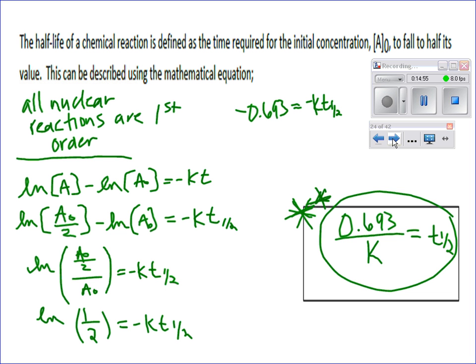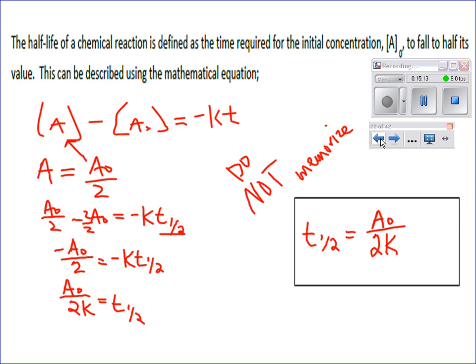Anyone see the importance of that? Aren't all radioactive things, don't we say that the half-life is set, like uranium has a certain half-life, or carbon-14 has a certain half-life, it's a set. Regardless of how much you start with, these things have a set half-life. Okay, and this proves that. Versus these other reactions, if we change in this equation the amount we start with, we're changing the half-life.